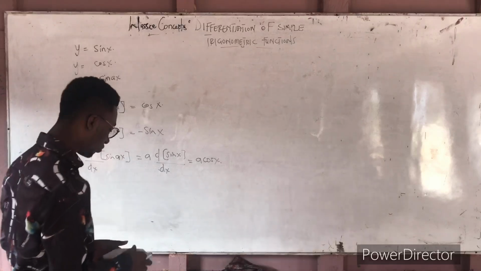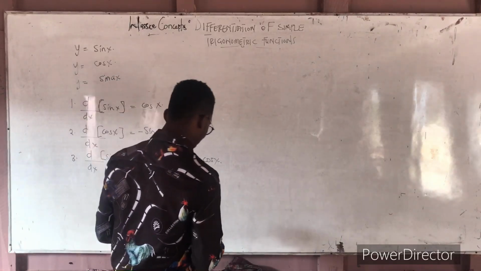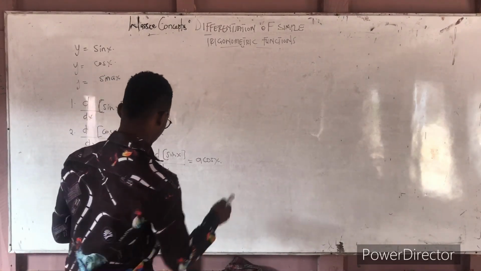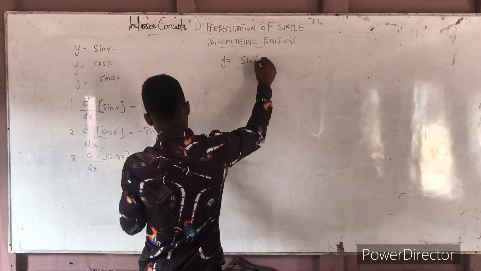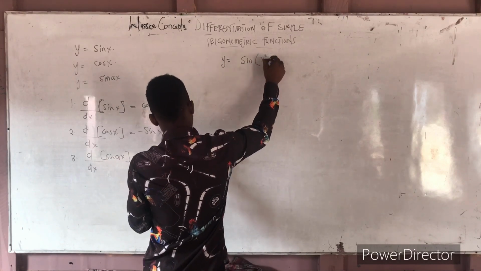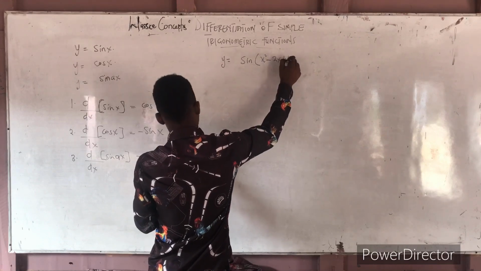Let's take two examples here. First example, you have y is equal to sine of x squared minus 2x plus 1.